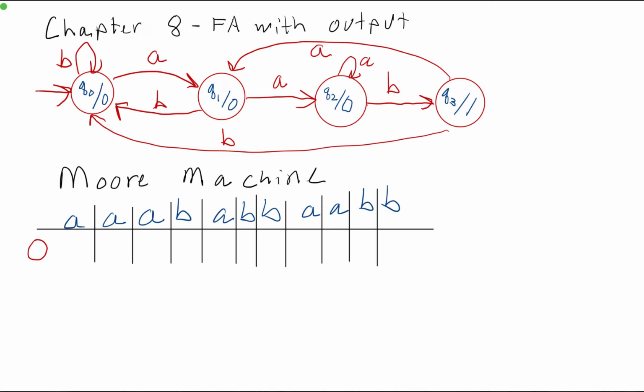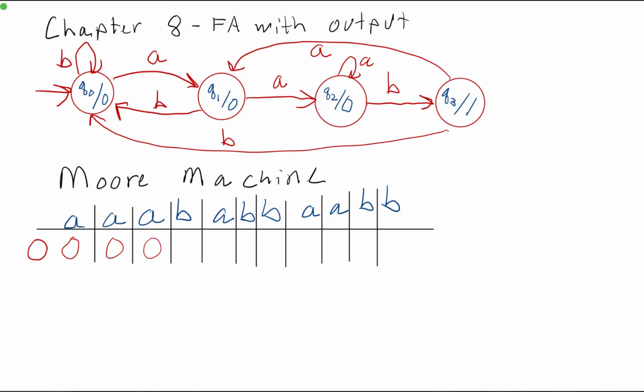Next, we read an A, and in this state, when we read an A, we go to this state and we produce an output of 0. Then another A that causes us to go to this state, which produces another output of 0. Finally, another A that produces another 0.